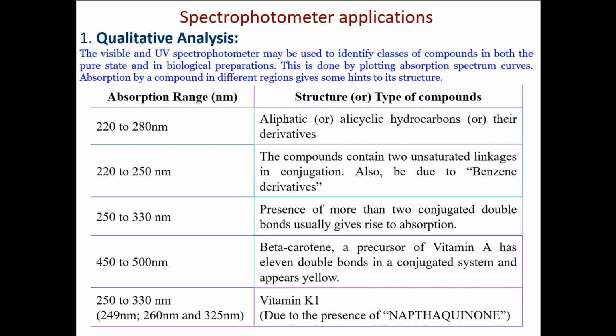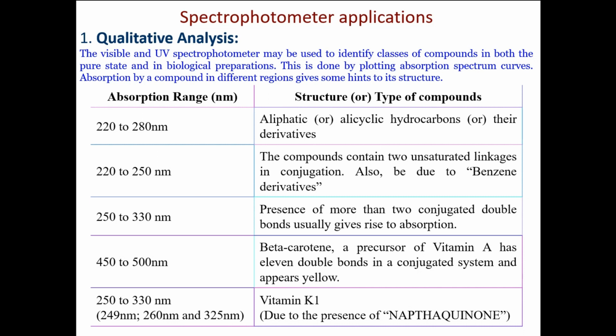So the aromatic compounds can show a characteristic absorption at 220 to 250 nanometers. This is very specific: they will show only one conjugated system. Two unsaturated linkages in the sense of conjugated double bonds, that means double bond, single bond, and double bond, right?